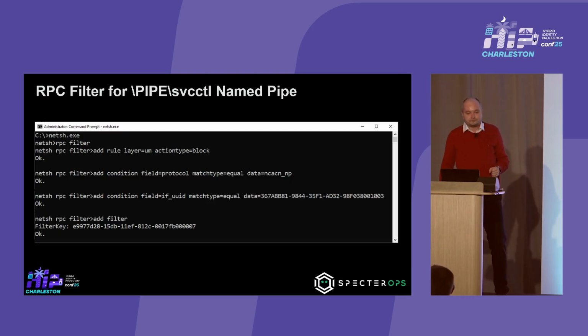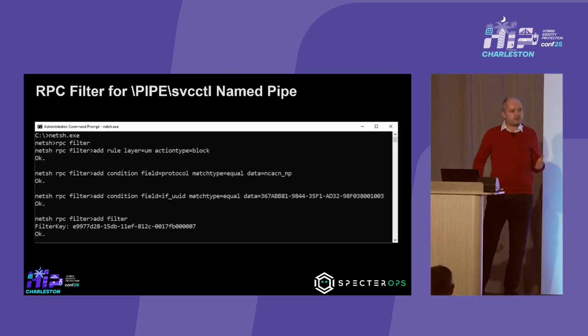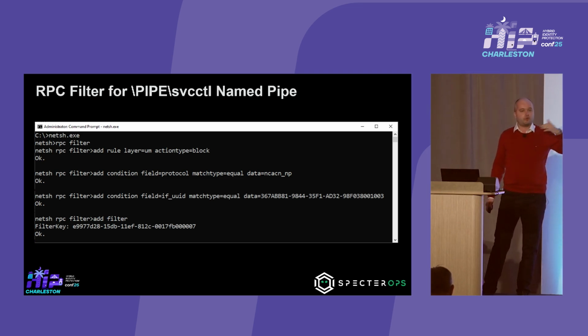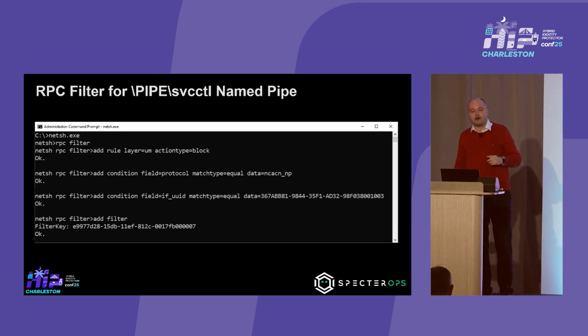Okay, so what can you do? You can use a poorly documented feature of Windows Firewall, or of the Windows Filtering Platform, called RPC filters. And this is how you can configure such a filter using the netsh network shell tool.